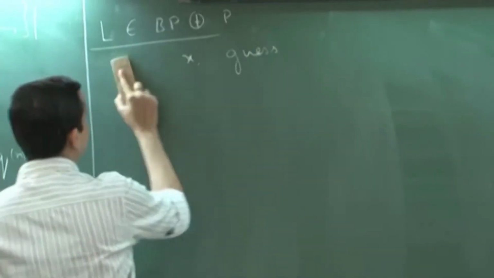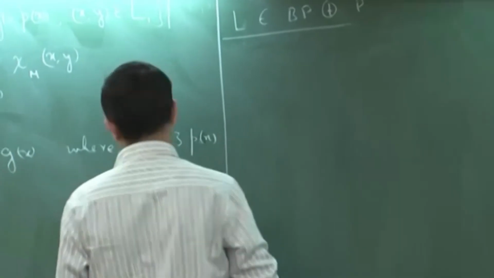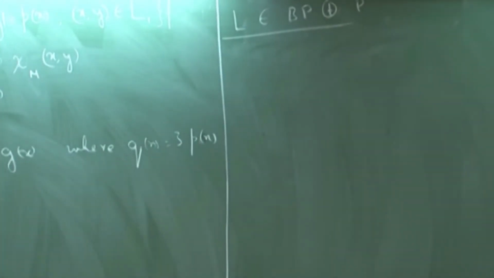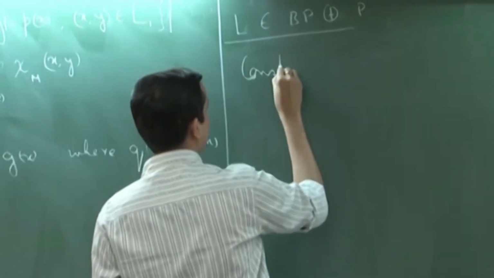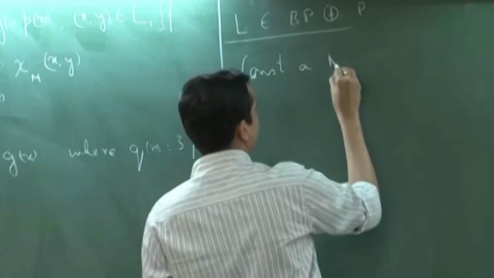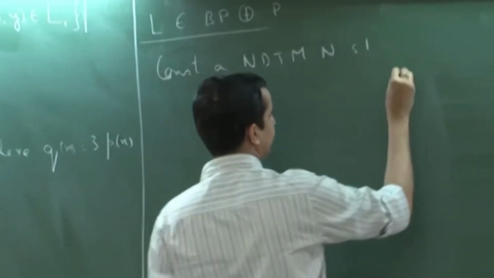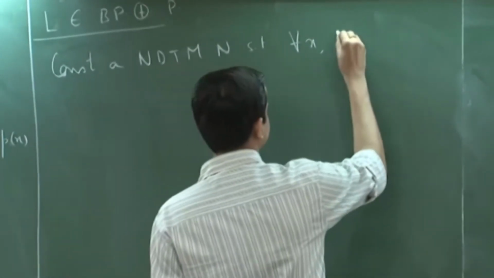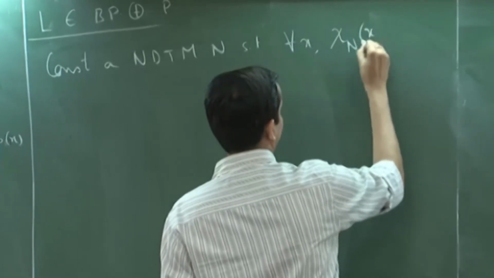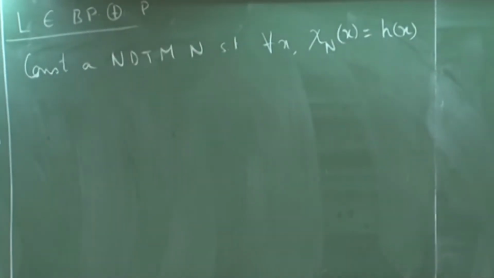We have this L, but I will not give the P to the sharp P machine right now. So, we construct a non-deterministic machine N such that for all x, chi N of x would be equal to our h of x. Okay, so this is what we want.